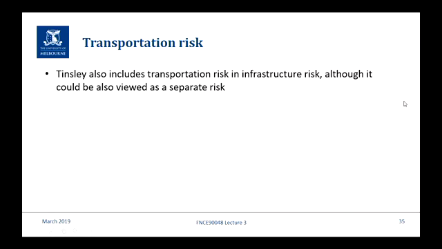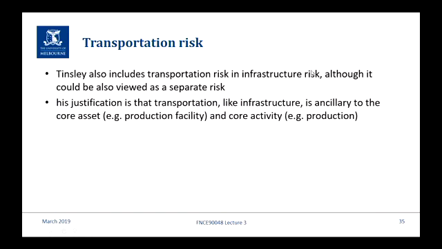Now, Tinsley includes transportation risk. He says it could be seen as part of the infrastructure risk, but I think it's sufficiently different to call it a different risk. He says that transportation is ancillary to the core asset. It's not the production facility and the core activity of production.